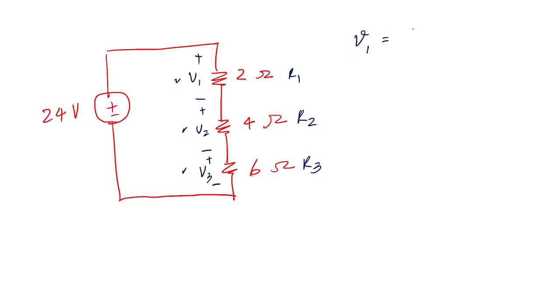V1 can be computed by 24 times R1, 2 ohm, divided by 2 plus 4 plus 6. This is the voltage division.